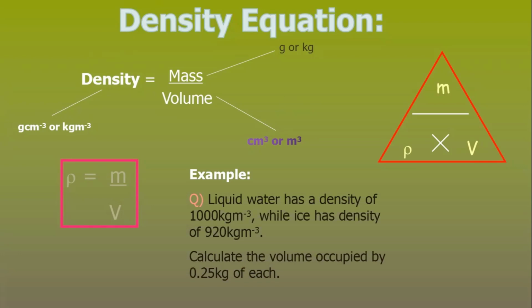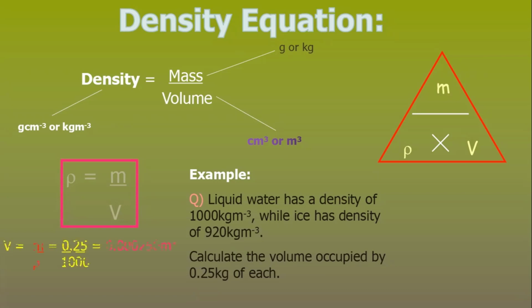Question. Liquid water has a density of 1000 kilograms per cubic meter, while ice has a density of 920 kilograms per cubic meter. Calculate the volume occupied by 0.25 kilograms of each.